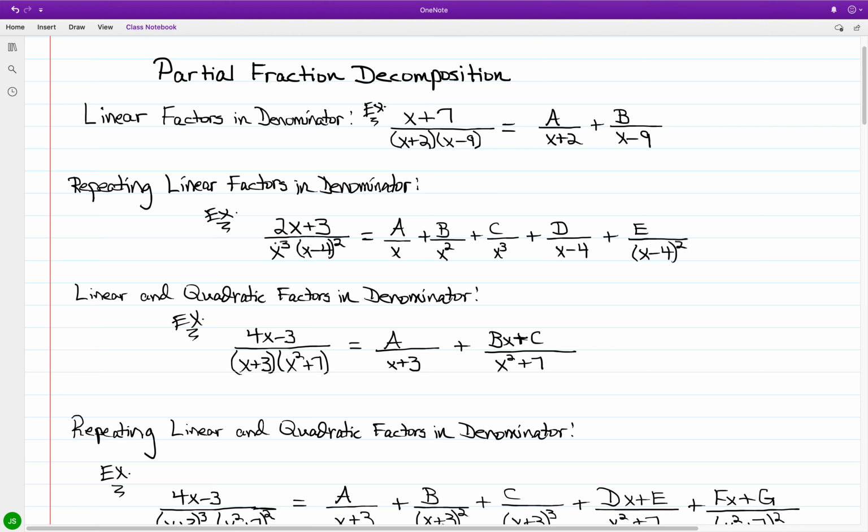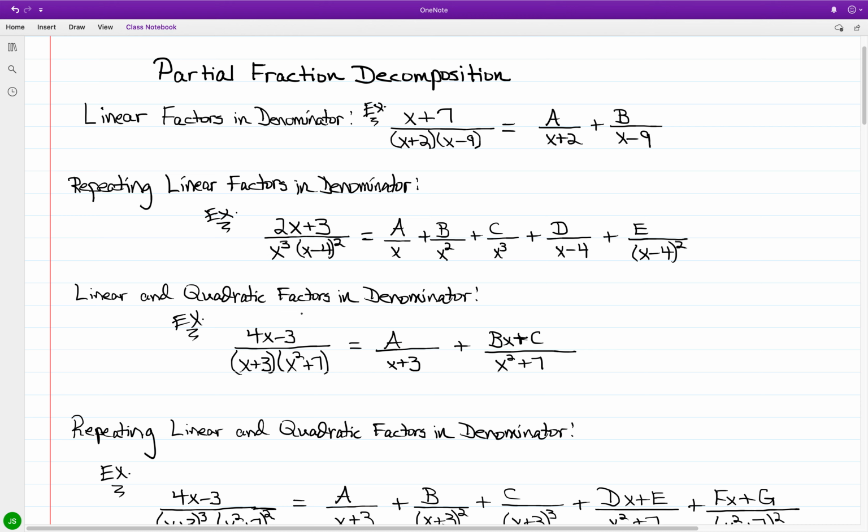So for repetition, we're starting out with first order in each of the factors, going up to the degree that is in the overall expression, and we're going up 1 degree at a time. So we have a over x to the first plus b over x squared, and we stop at c over x to the third. Now for the square of x minus 4, the decomposition will be d over the first order of x minus 4 plus e over the square of x minus 4.